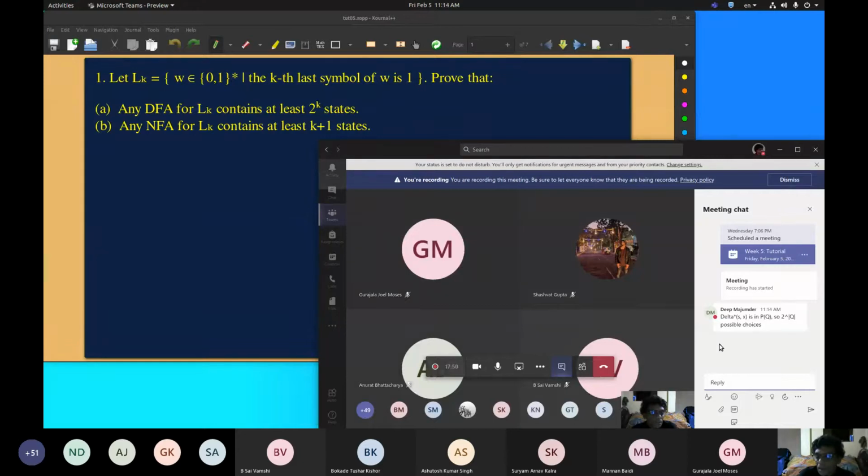Delta hat of S, x is in the power set of Q, so 2 power this many choices. Yes, that's very much true.